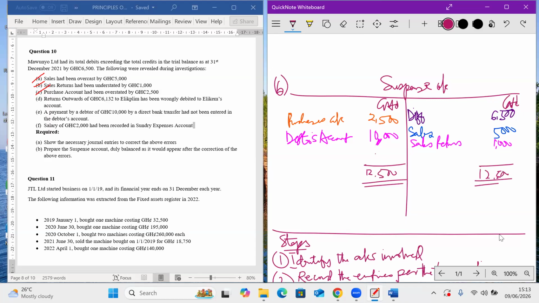There was no balance. It doesn't mean all the time you get it that way. There are some cases where you would finish and the suspense account will not balance completely. That is, you have some balances left, but that doesn't mean it's wrong. Here you see that the total debit side is 12,500, total credit side is 12,500, so there was no balance.